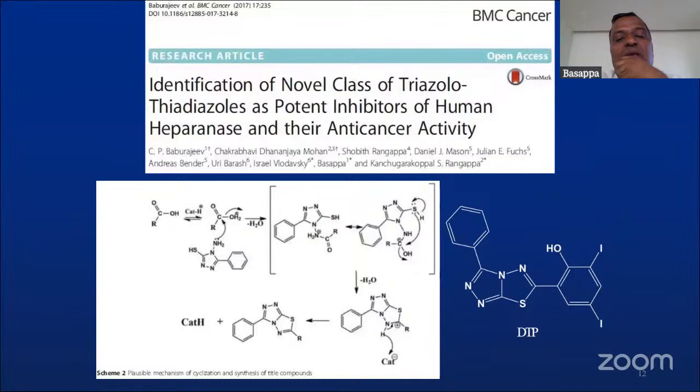That study took place when I was a postdoctoral fellow, and later, when I joined Bangalore University as an assistant professor, we worked some more on the heparan sulfate-targeting enzyme heparinase. For this, we wrote a grant to Israel through the Israel government, and fortunately we got it.